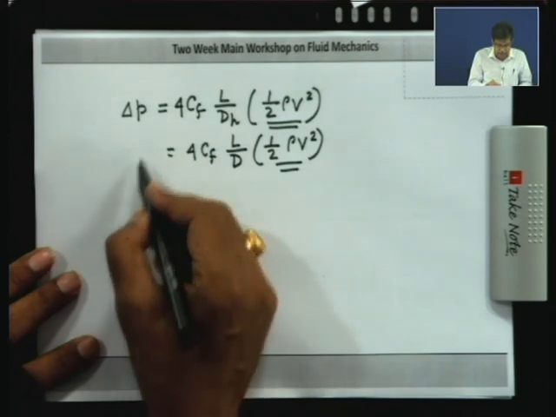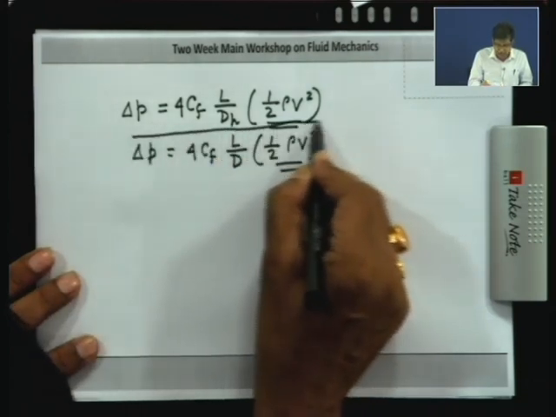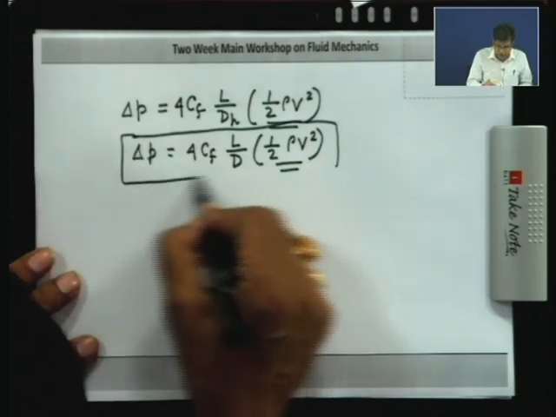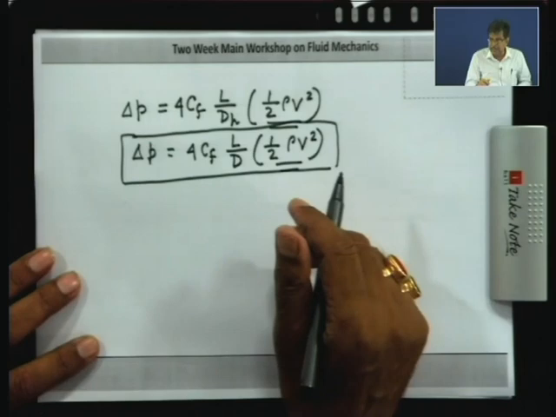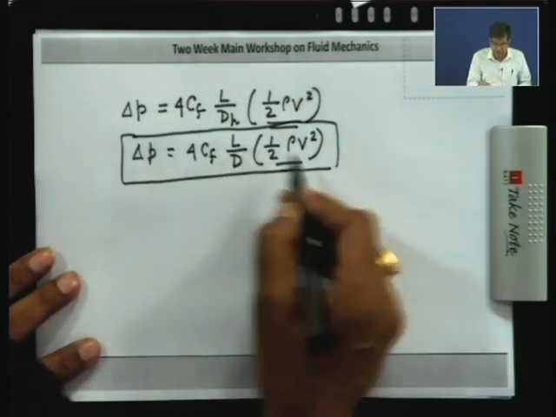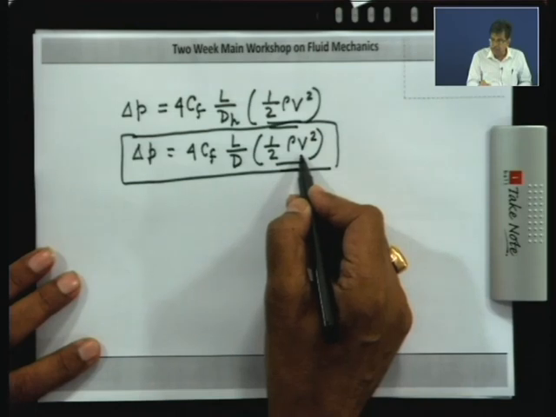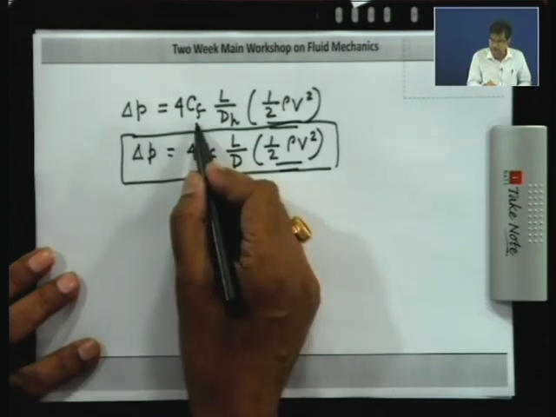Now, this is used largely by people in practice: if I am given the value of Cf calculated by anybody else from theory or experiments, then I can find out delta P for a length L, provided I know the average flow velocity, because here the velocity is the average flow velocity, that is the convention for the definition of this Cf, as I have already told.